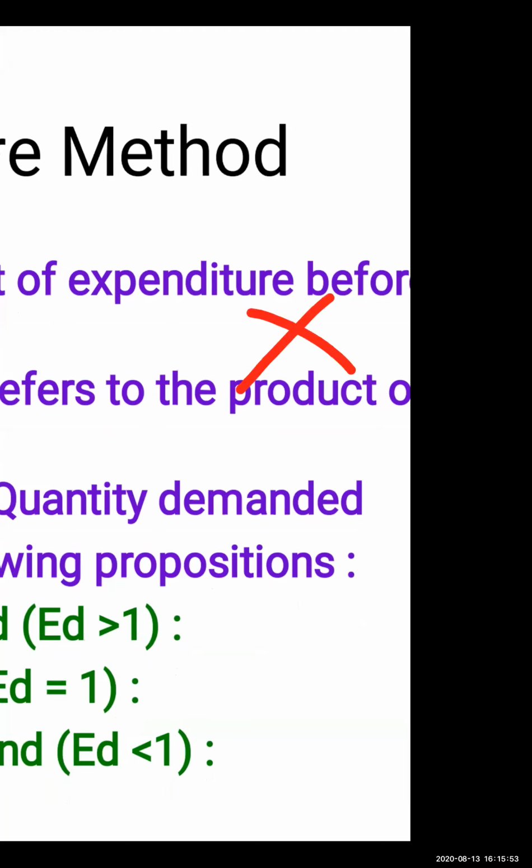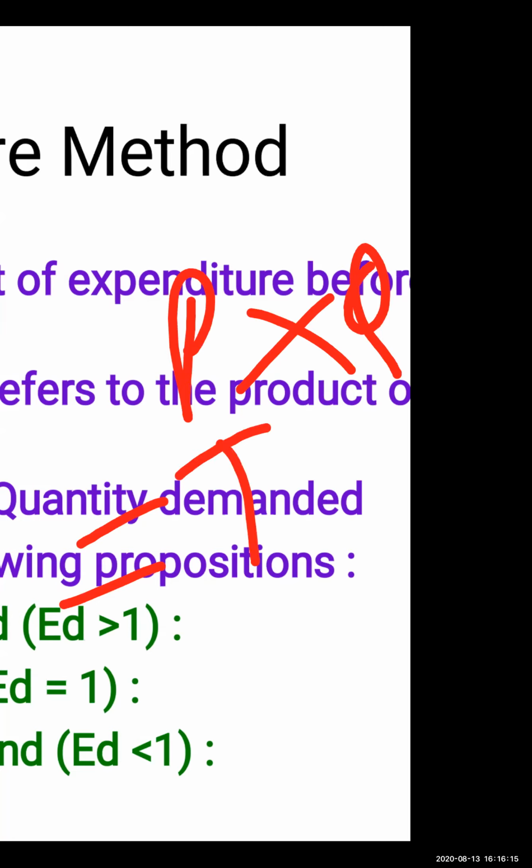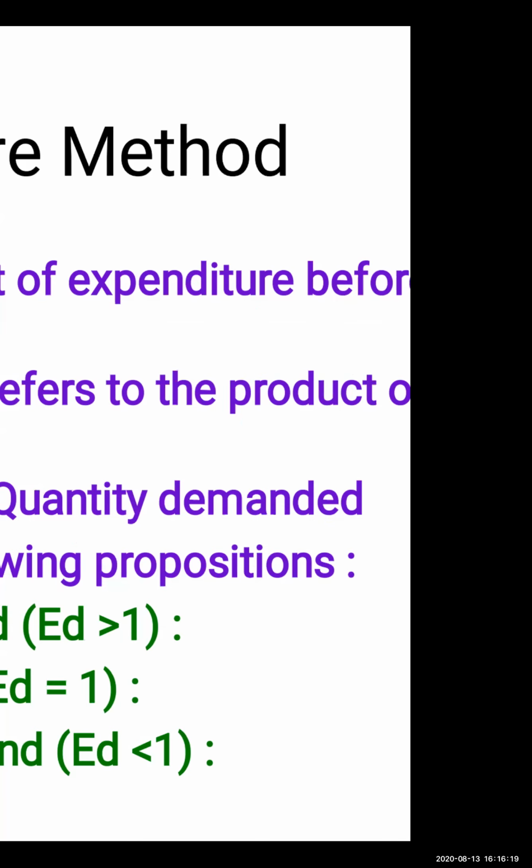In the previous method we were dividing; in this total expenditure method, we need to multiply price and quantity demanded. Whatever answer we get will be the expenditure.